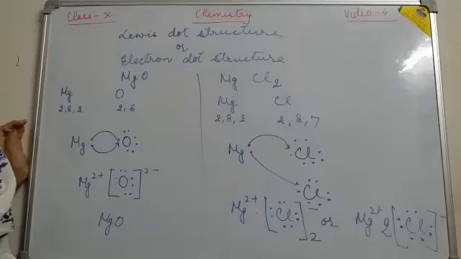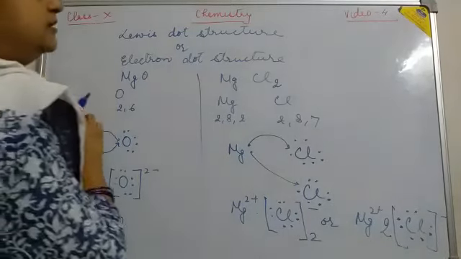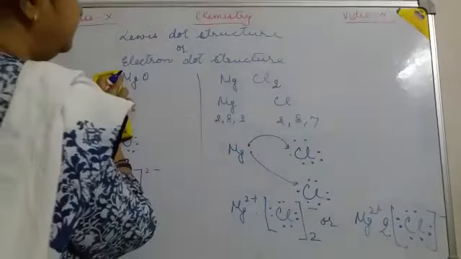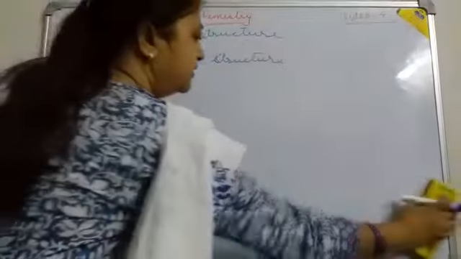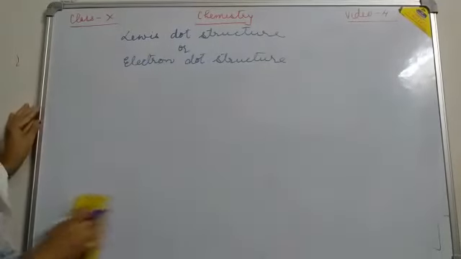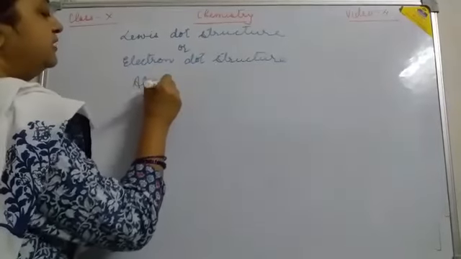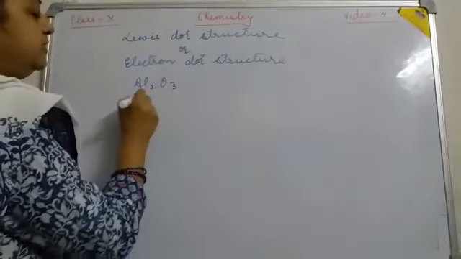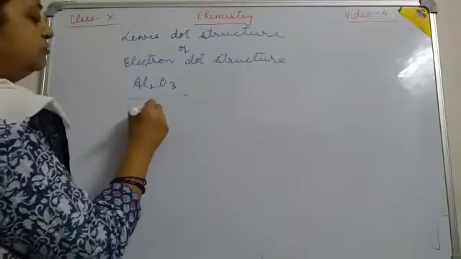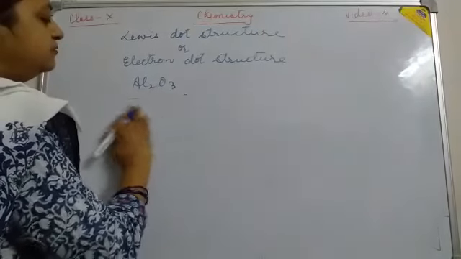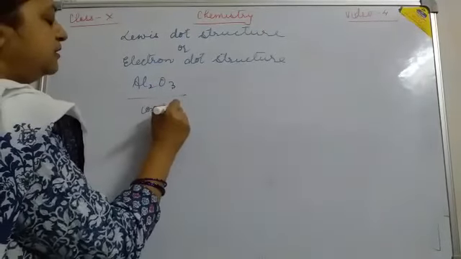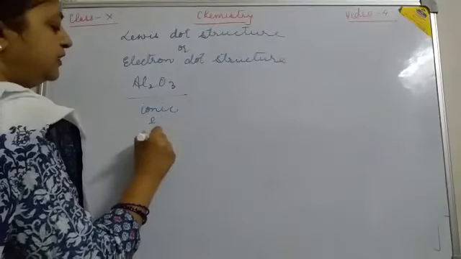What about aluminum chloride or aluminum oxide? You must remember that aluminum oxide or chloride has both ionic and covalent character.